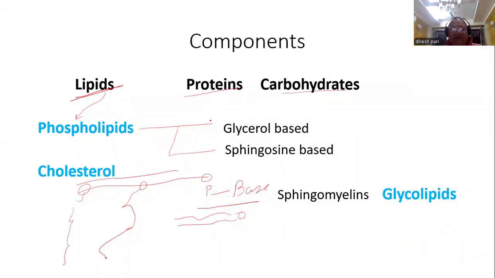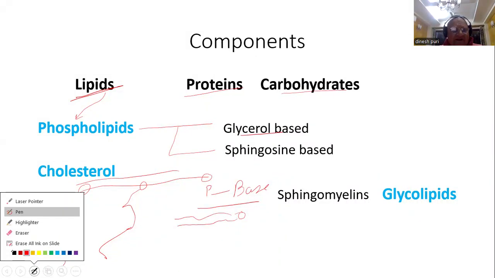So amphipathic, glycerol based. What does sphingosine based mean? Instead of glycerol, there is another compound which is an amino alcohol, and that compound is called sphingosine. It is an 18-carbon amino alcohol.